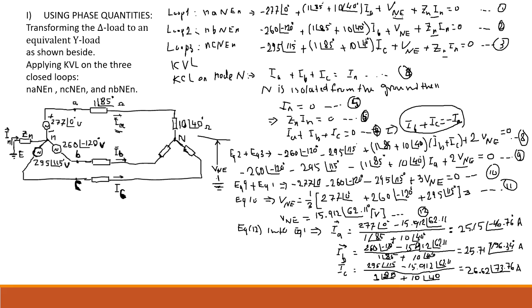So these are the currents in the line using the phase quantities.